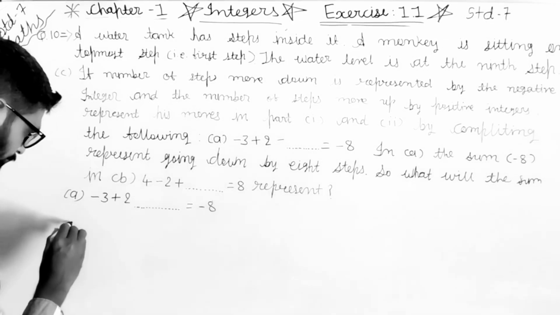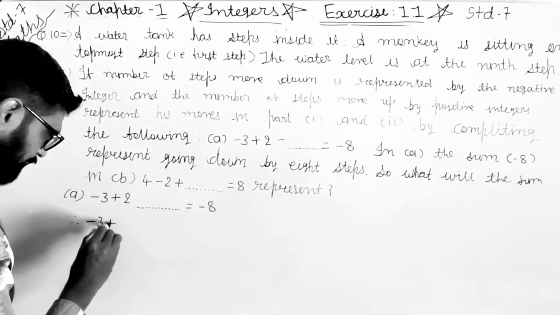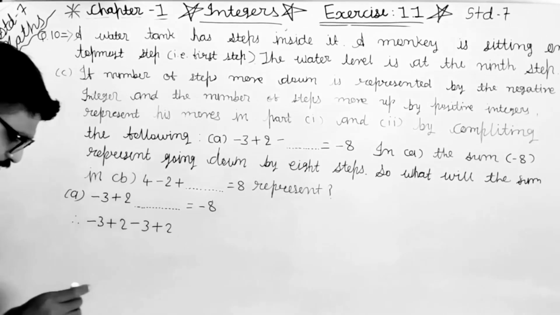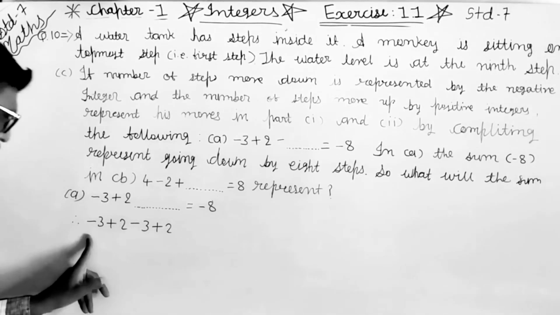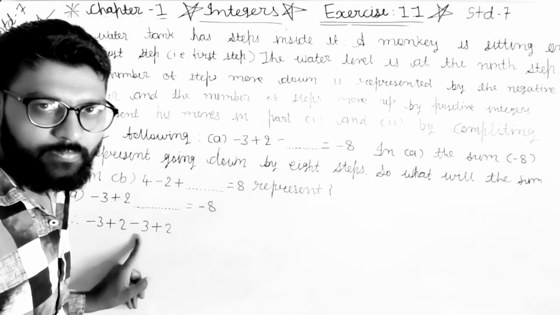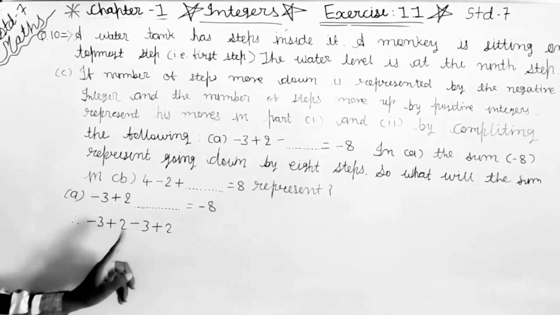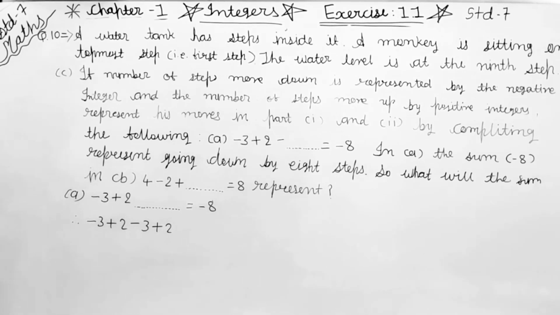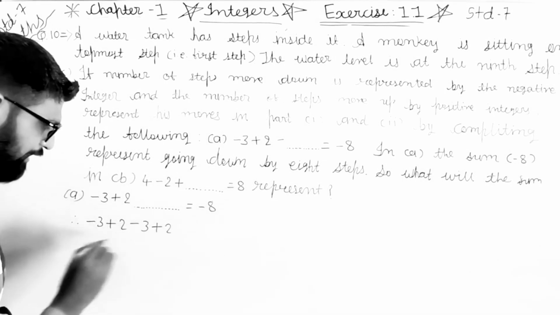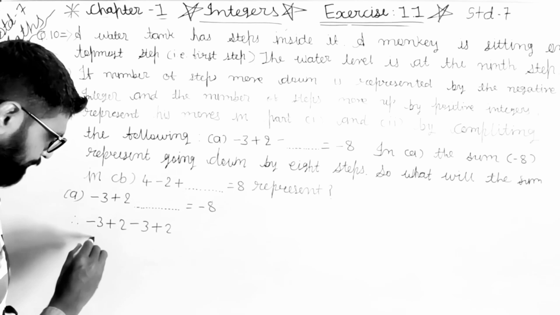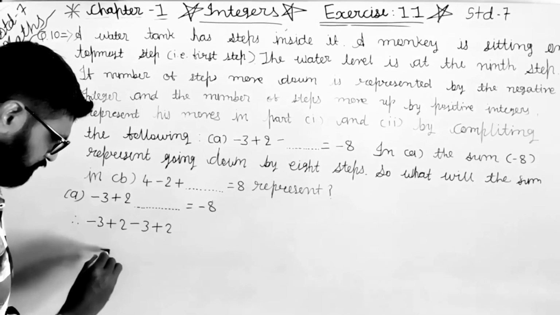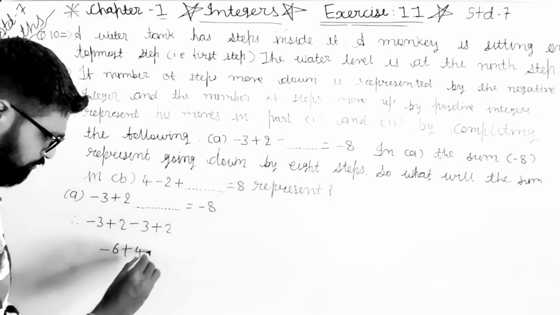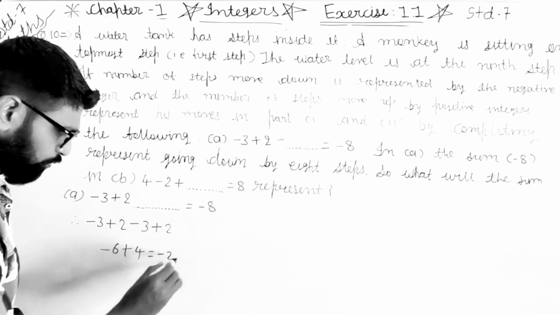So minus 3 plus 2, then minus 3 plus 2 again. What will be your answer? Minus 3 minus 3 is minus 6, and plus 4, so our answer is minus 2.